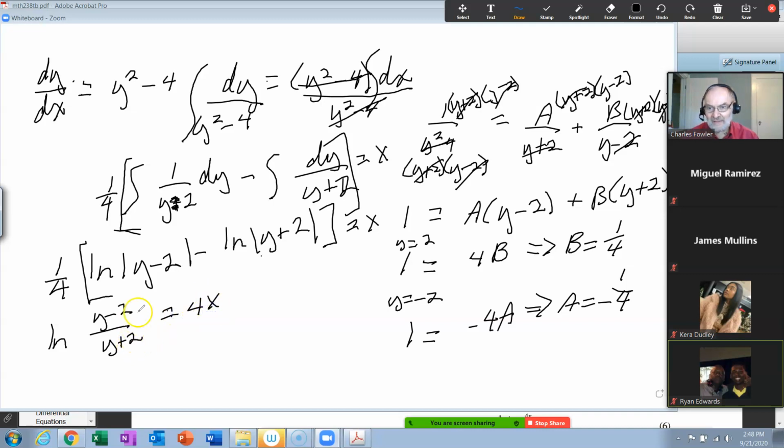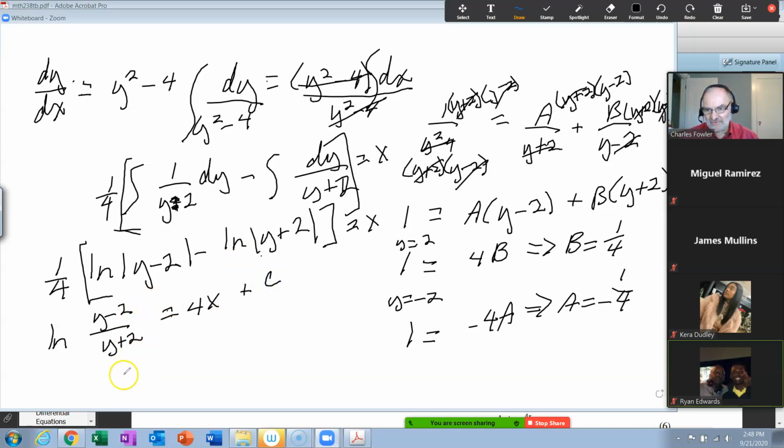Okay. Now, we need to put a plus c out here somewhere, but I don't know what form to put it in. I guess we'll just put it as a c. We're going to fiddle with it later.